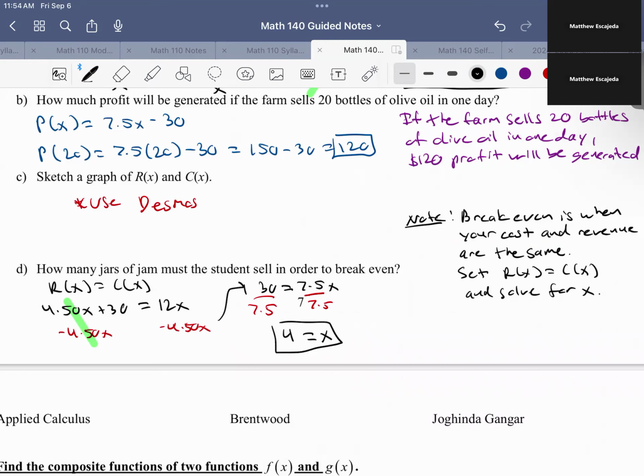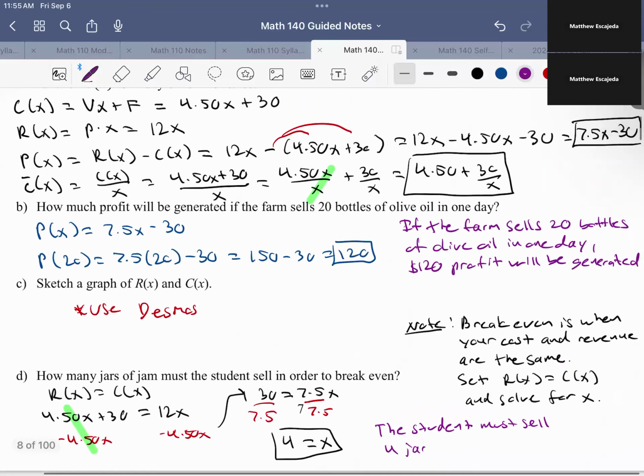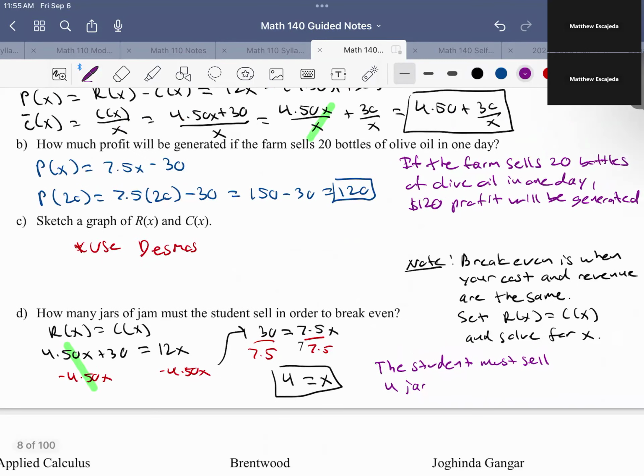Okay, so what does this mean in terms of the context? Well, the student must sell 4 jars, or it says jars of jam, but it should be olive oil.